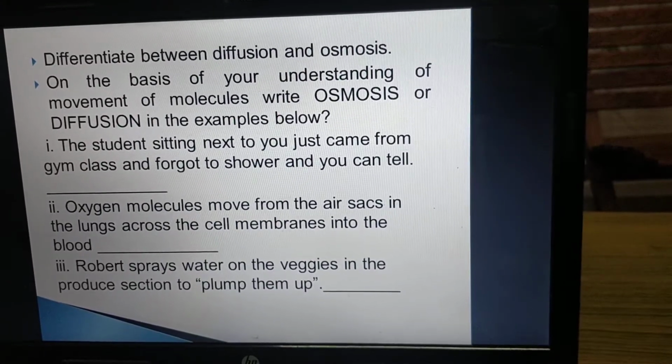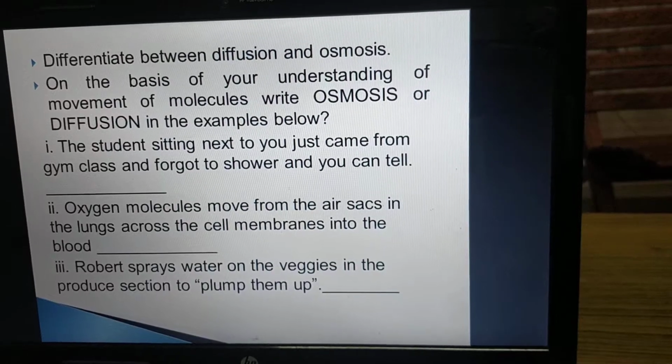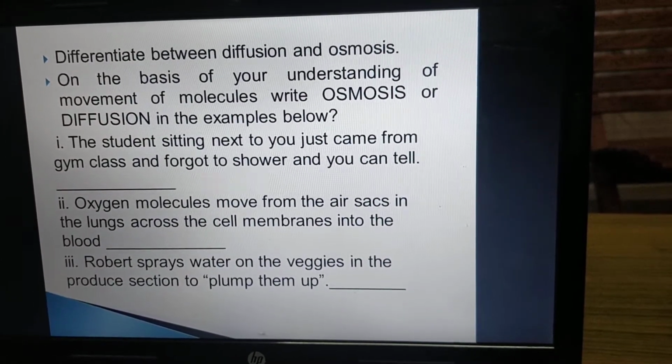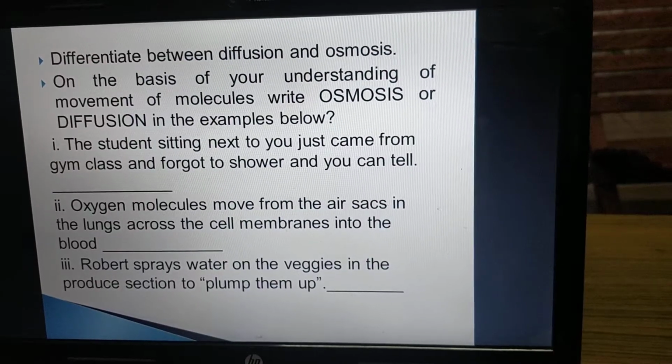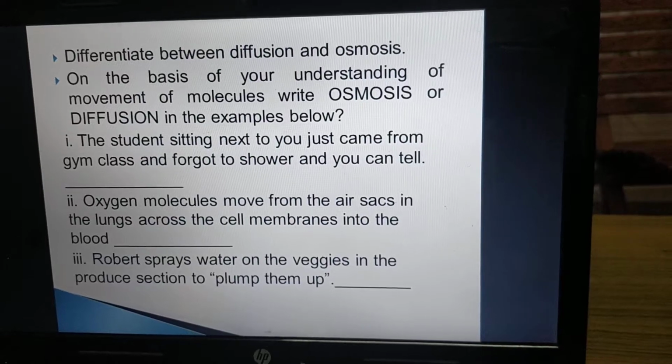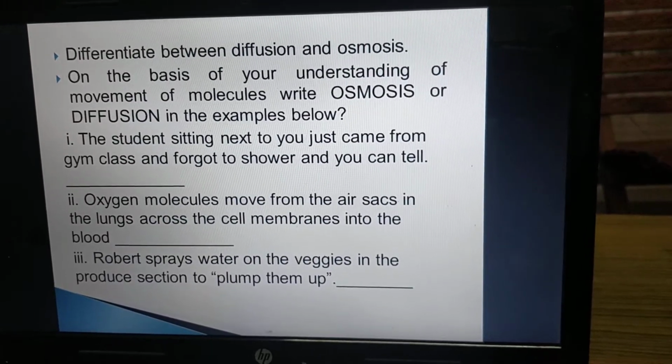Then you have to do the functions of all organelles. This you have already done, and again show your pics in the group. And next a few questions, some thinking type of questions.